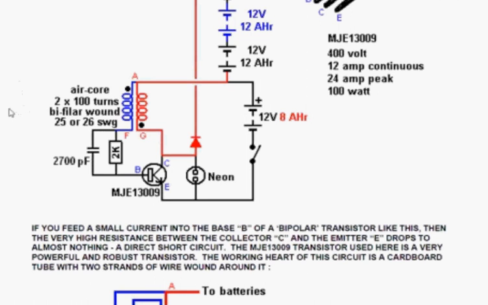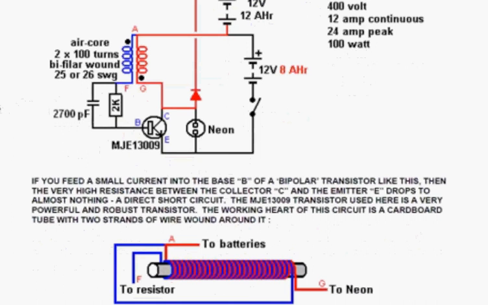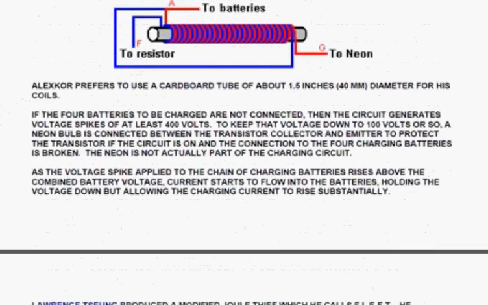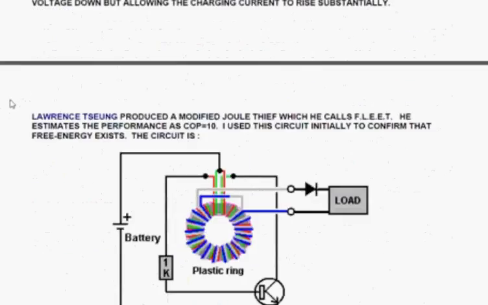But I personally would use a UF5408, because they're cheap, they're very powerful, they're very robust. The only thing I have against them is they don't plug in test boards, breadboards. But that's a very simple arrangement and very effective as well.